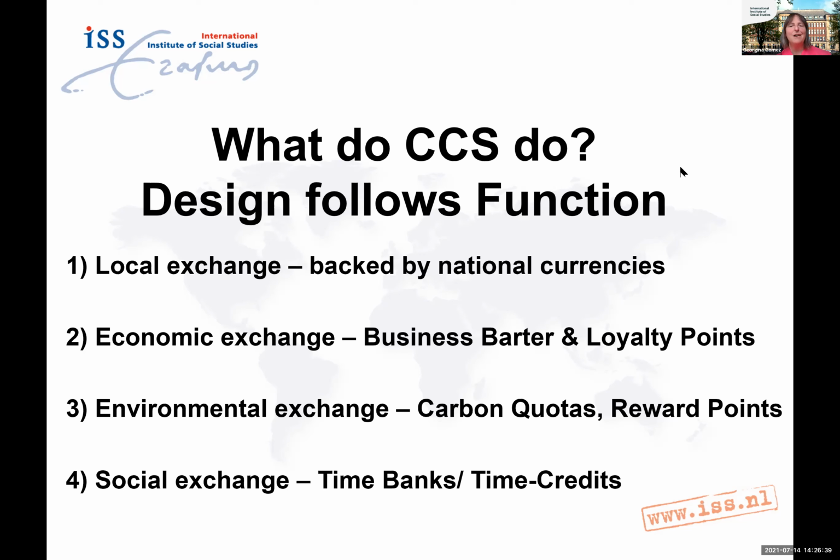I do 1 hour of babysitting if you do 1 hour of gardening. And why not if what I like is babysitting and what you like is gardening? So we can exchange our time. And this is called time banks, and it's pretty much well known. I think in terms of numbers, it's the one that is most common that people would know more about.